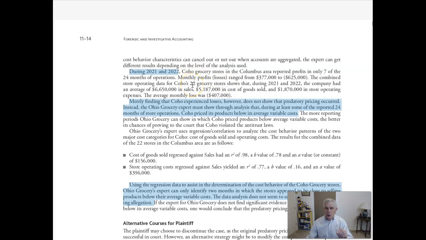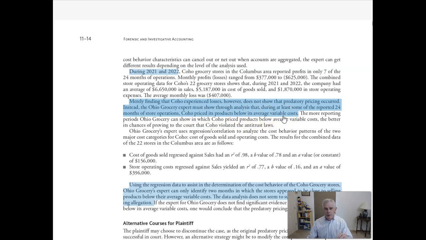And so really, is Coho involved in predatory pricing? Well, merely the finding that Coho experienced losses does not show predatory pricing. No. Instead, the Ohio Grocery expert must show through analysis that during at least some of the reported 24 months of store operations, Coho priced their products below, and here's the term, average variable cost.